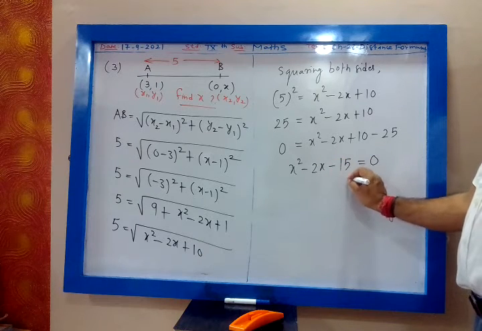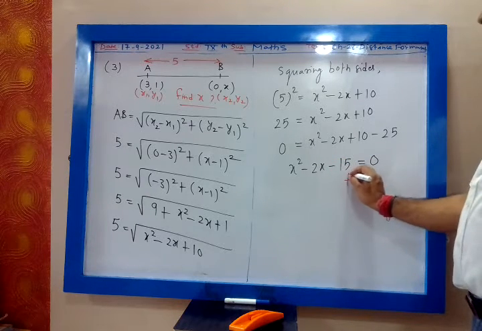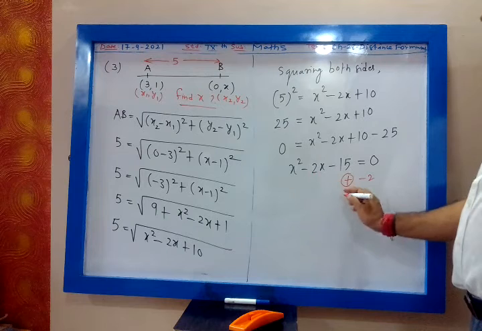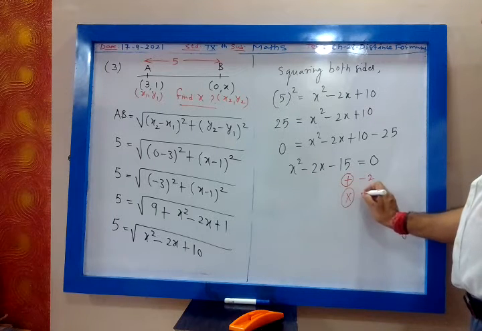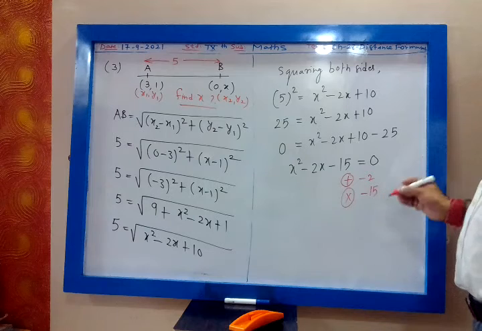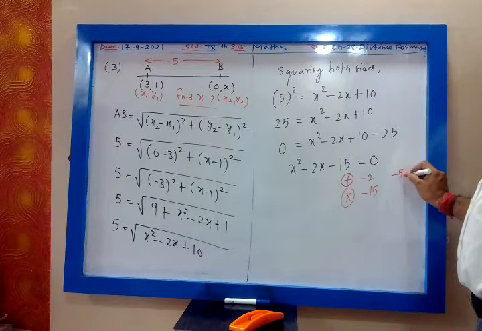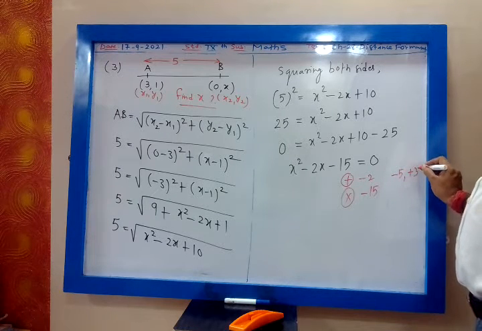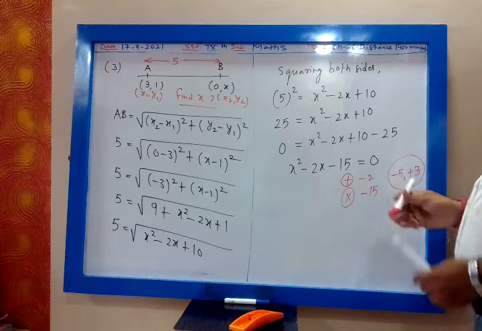Find two numbers whose sum is minus 2 and product is minus 15. Minus 5 and plus 3.